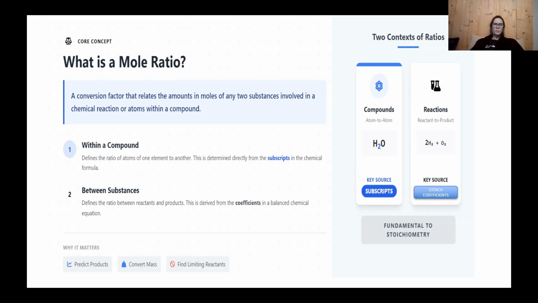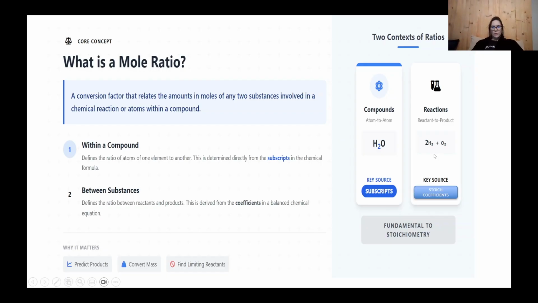In a reaction, the mole ratio is referring to the stoichiometric coefficient, so the numbers before the chemical compounds or molecules. So if you are reacting hydrogen and oxygen, in this case, the stoichiometric coefficient of 2 is telling you that it takes 2 moles of hydrogen gas to react with 1 mole of oxygen gas.